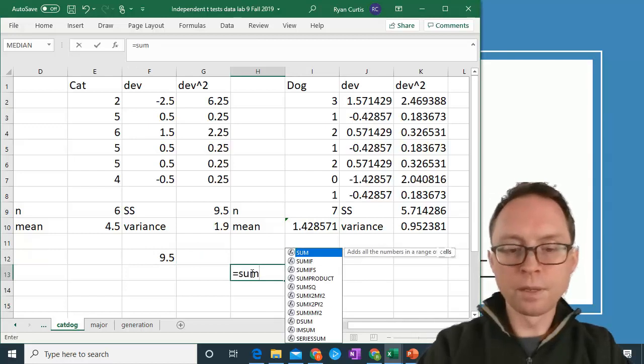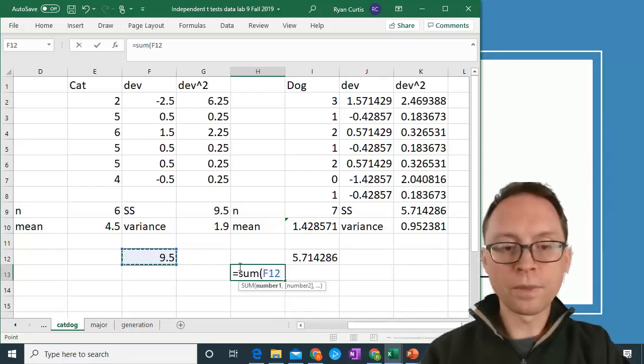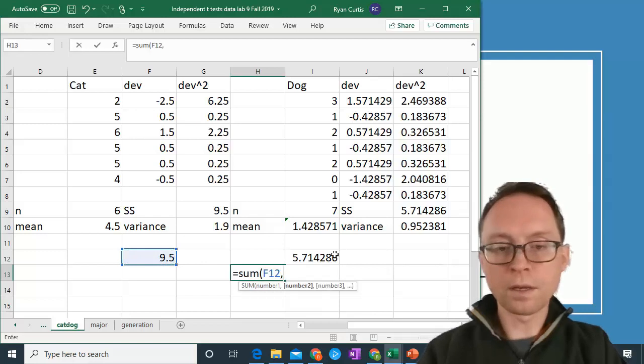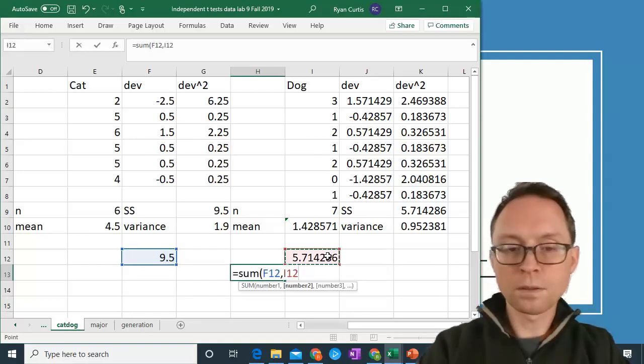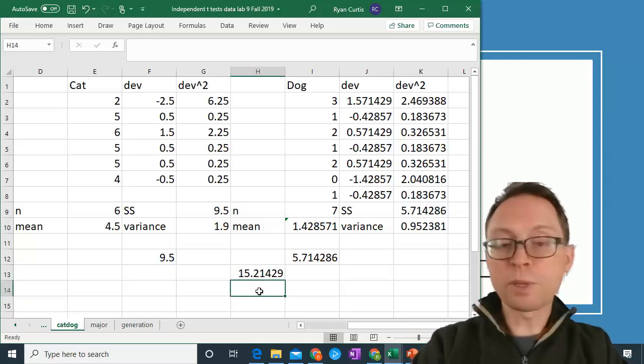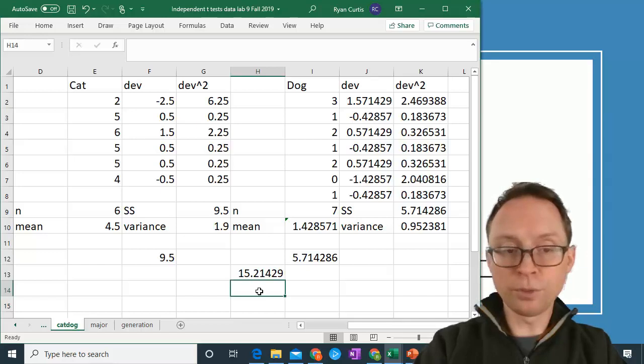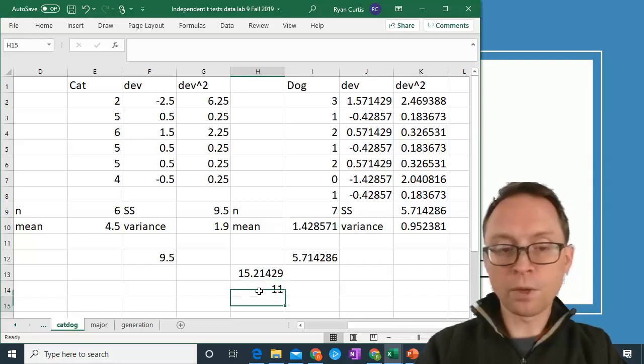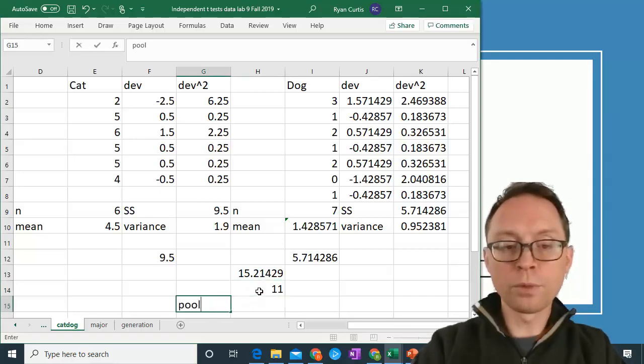So equals the sum of those two, this and this. All right. And we're going to divide it by 6 plus 7 minus 2, which is 11. And we're going to get our new pooled variance.